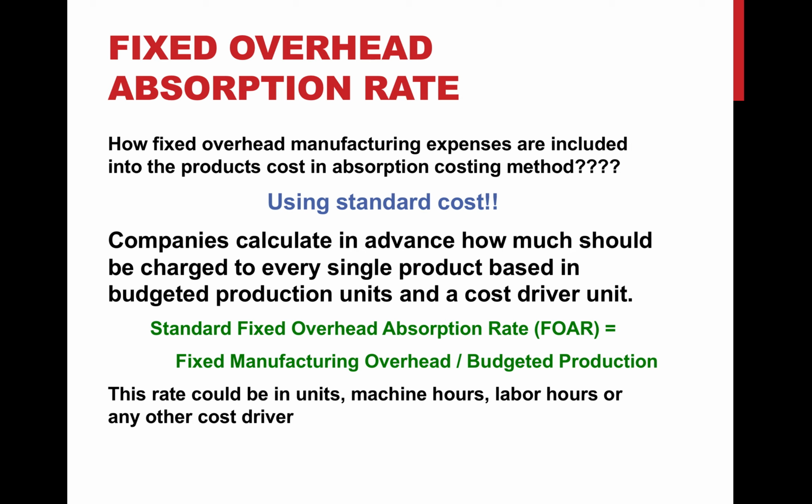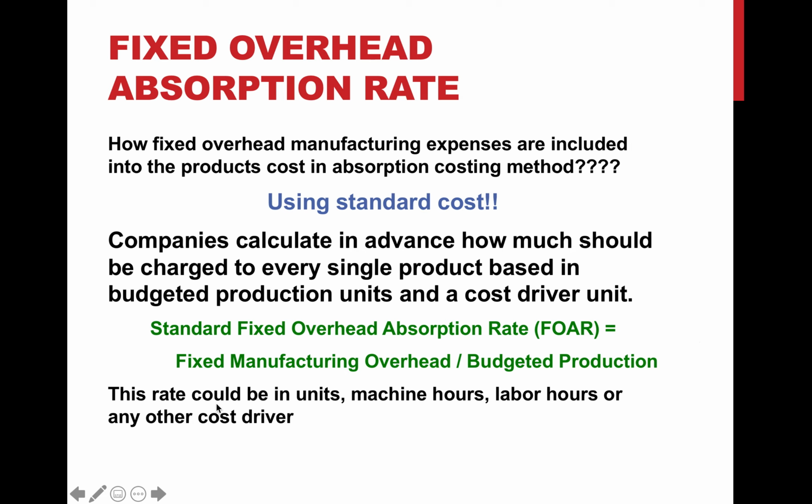So how do I calculate my fixed overhead absorption rate, or my FOR? I only take the fixed manufacturing overhead. Let's continue with our example. Let's think about the depreciation of the machinery. I only divide this by the budgeted production, if we are talking about units. The rate here is going to be pesos or dollars per unit.